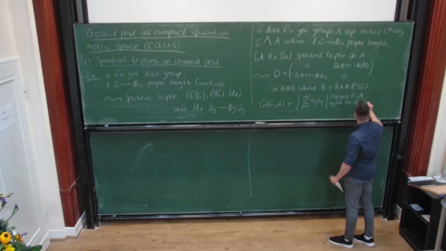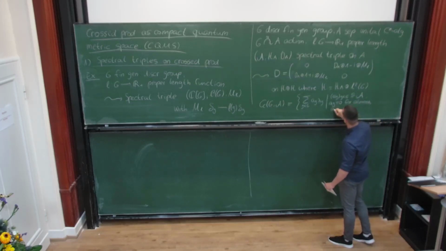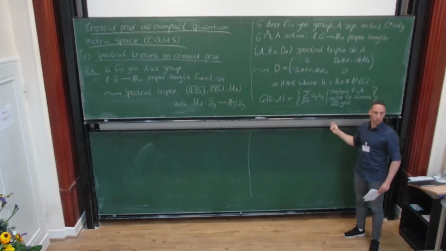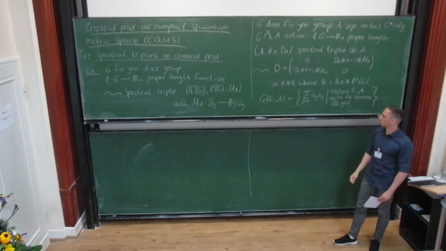This defines a nice star subalgebra, the cross product star algebra of A by G.